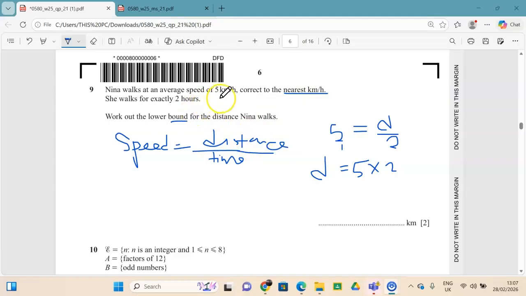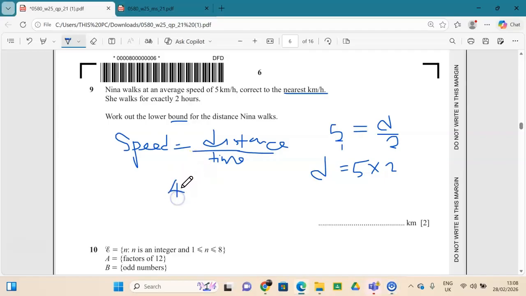So the lower bound of 5 will be, no, the lower bound will be 4.5. The upper bound will be 5.5.